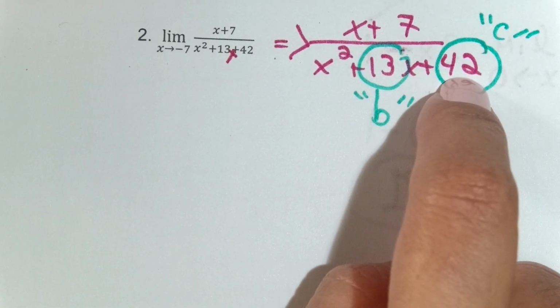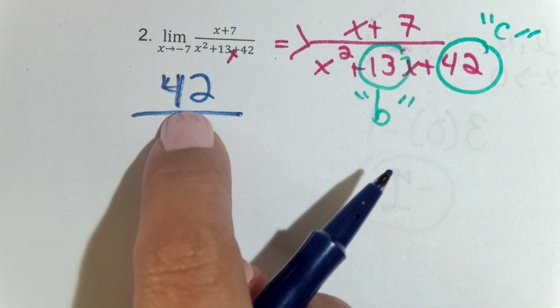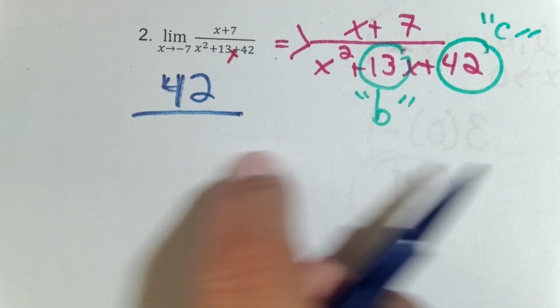So I need factors of 42 that add to be 13. I like to do this, and you can do whatever you want. I'm going to list my factors of 42 in pairs.